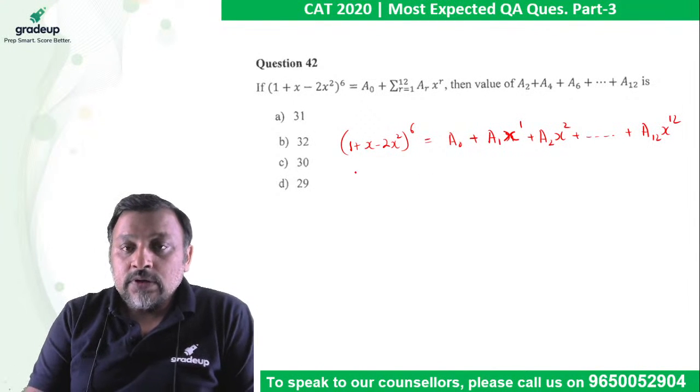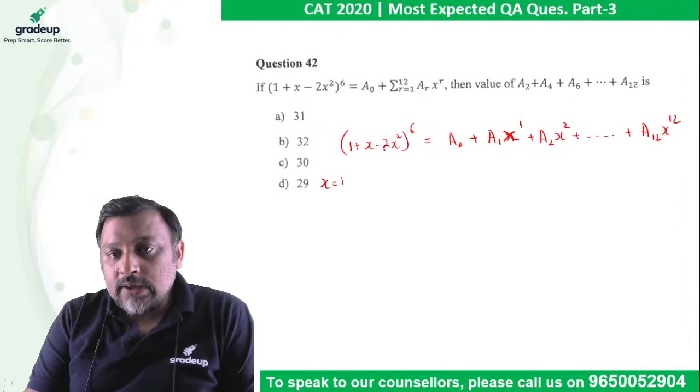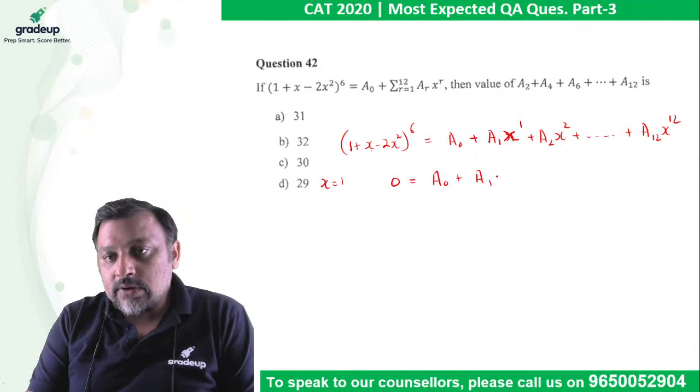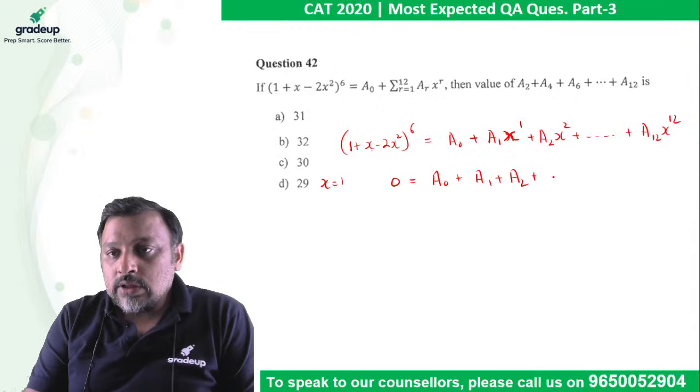this. So if I put x equal to 1 here, this will become 0, and here what you'll get is a0 + a1 + a2 and so on till a12.